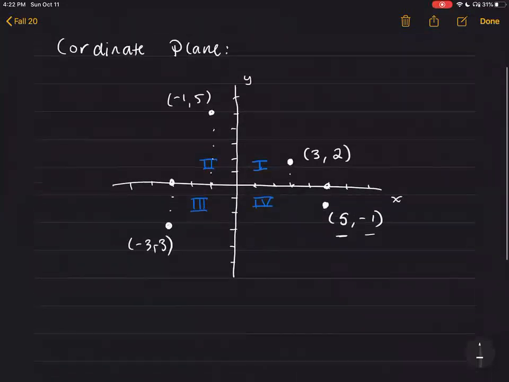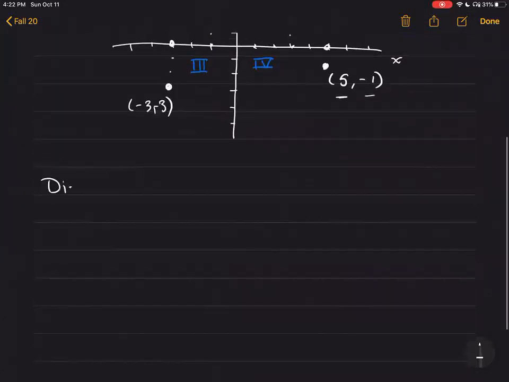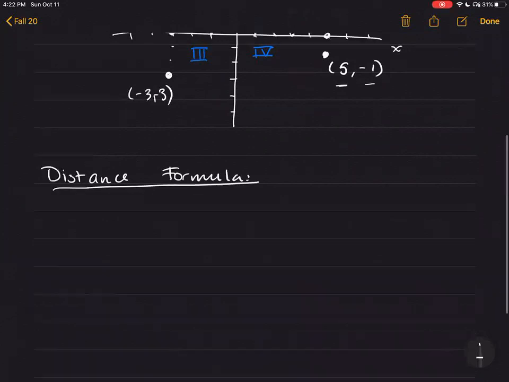So once we understand the coordinate plane, we can start looking at 2 main ideas with points and their relations between each other. So we can look at first the distance formula. And this is for finding the distance between 2 points on the plane.